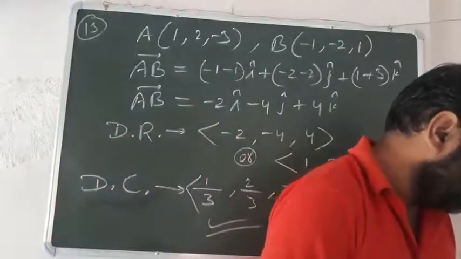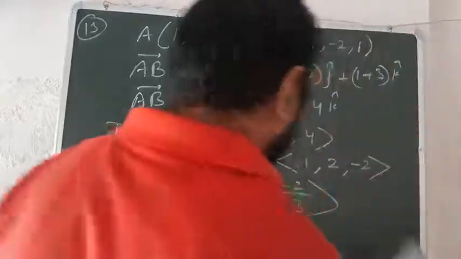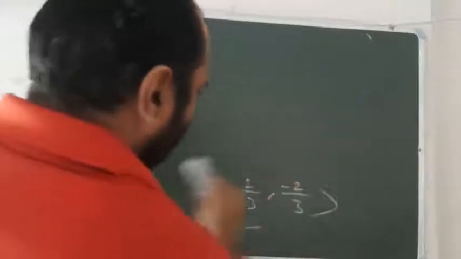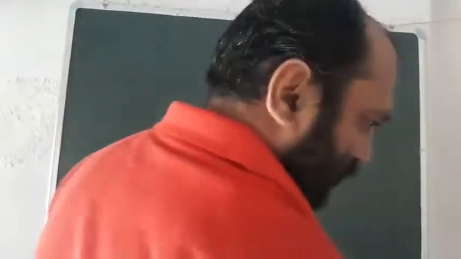Now next question is show that the vector I cap plus j cap plus k cap is equally inclined to OX, OY, OZ. This is question number 14.